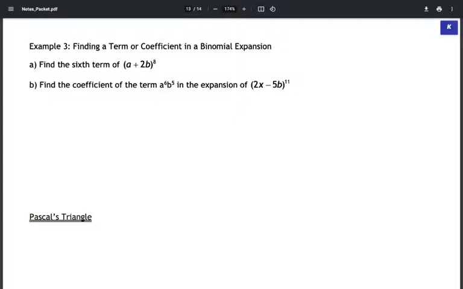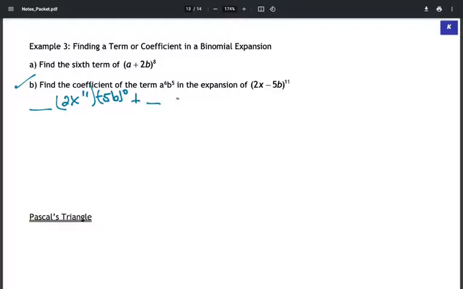Now we're going to do this one right here. So it wants us to find the coefficient where a is to the 6th power, b is to the 5th power. So remember, you'll do 2x to the 11th and negative 5b to the 0, with some coefficient up front.